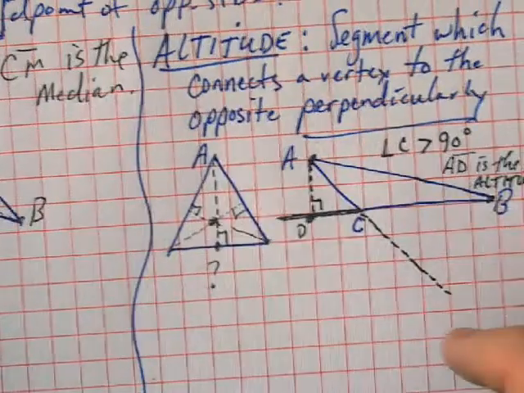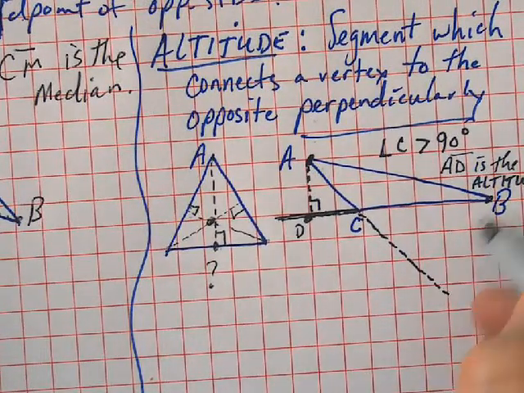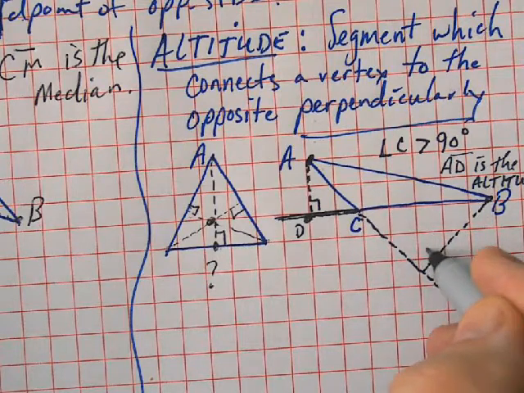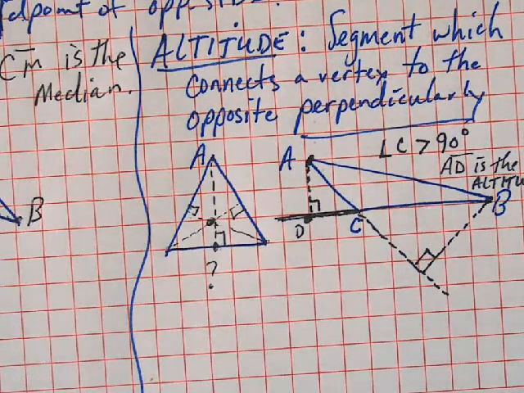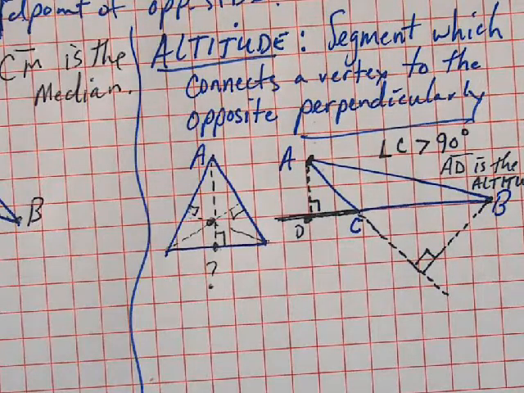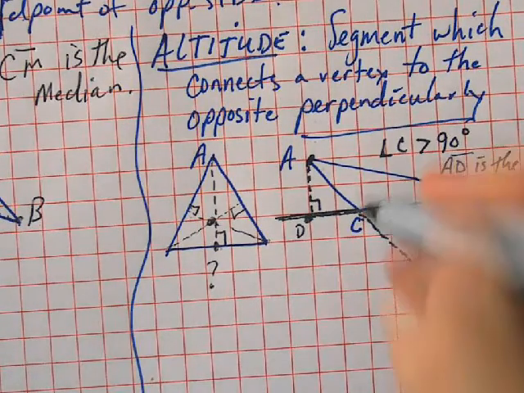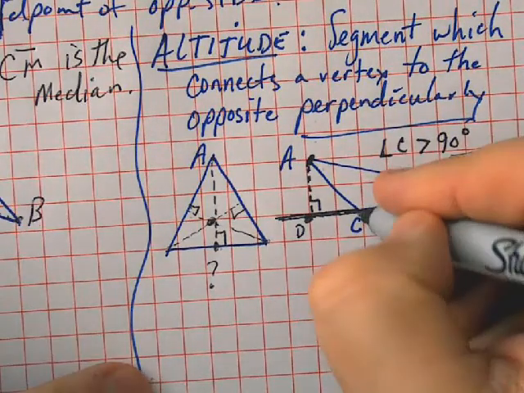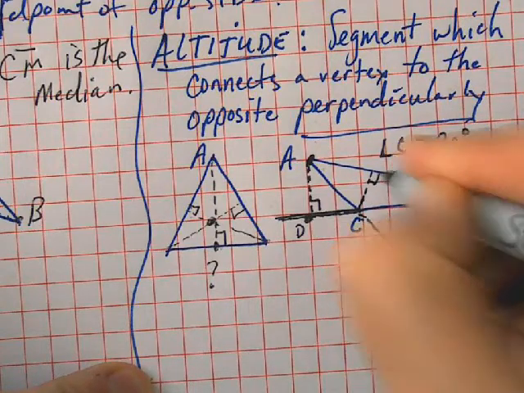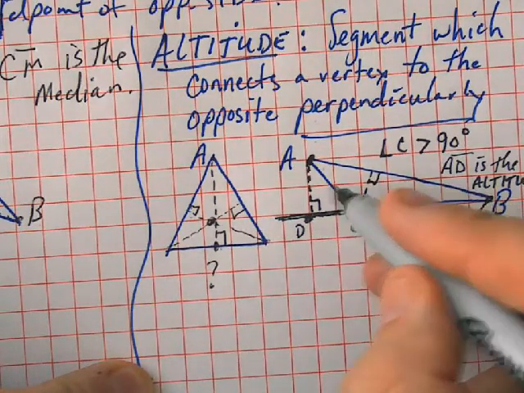Okay, now if I go perpendicular, notice that there's 3 altitudes, there's 3 medians, there's 3 angle bisectors, there's 3 perpendicular bisectors. Alright, so, that's interesting. What about C to AB? Well, that one's a little easier. Perpendicular there. So we got 3 altitudes.